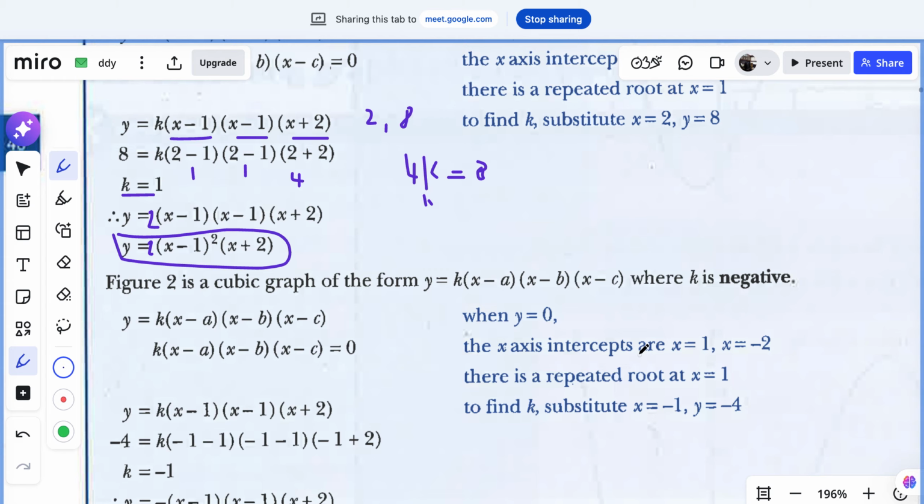Remember, the first example was for us to sketch the graph, and in the second example, the graph was given to us, and we were asked to get the equation. Is that okay? Okay. So let's see what we have next.